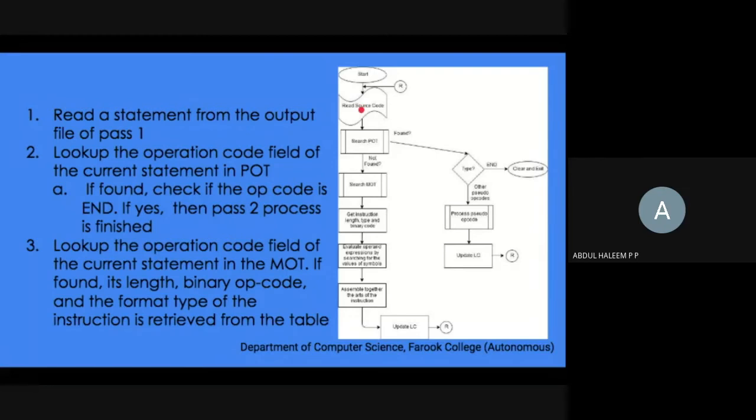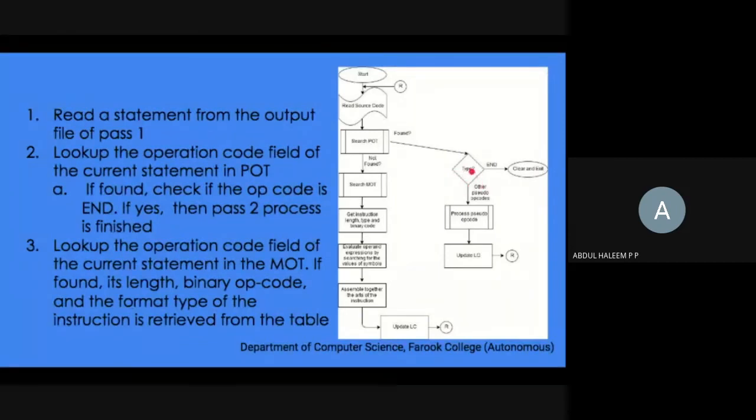If it is a pseudo opcode, then the type of pseudo opcode will be checked. If the end pseudo opcode is met, that means the entire code generation is over, and the process will be terminated.